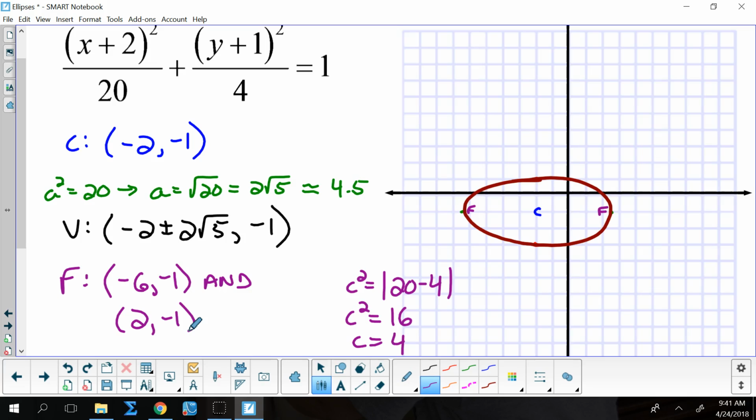Yes, sir. Where did you get 2? The -2, or the 2 square roots of 5? Because the square root of 20 is the square root of 4 times the square root of 5, and the square root of 4 is 2.